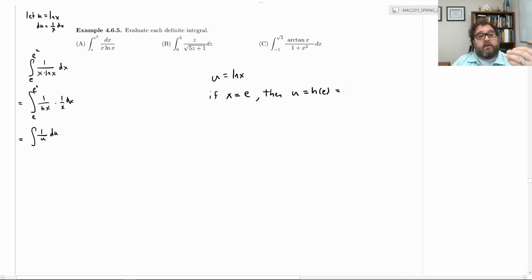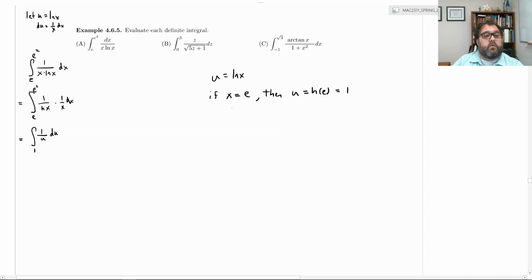Remember, e is the base of the natural logarithm, and e to the x and natural log x are inverse functions, so this is simply equal to 1. This is asking us, e raised to what power gives you e? Well, e raised to the first power gives you e. So my new lower limit of integration is 1.